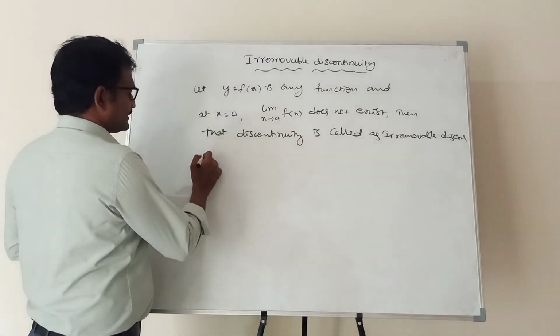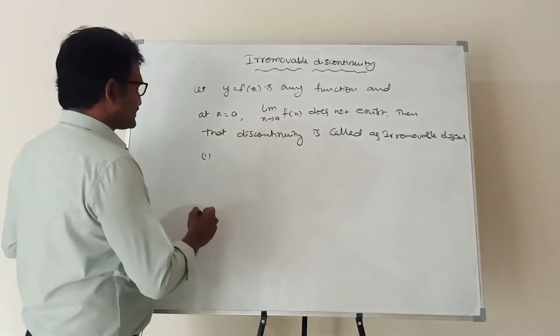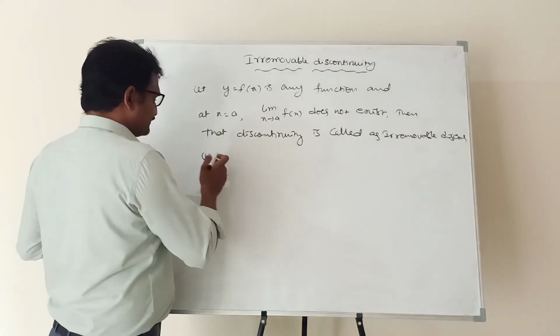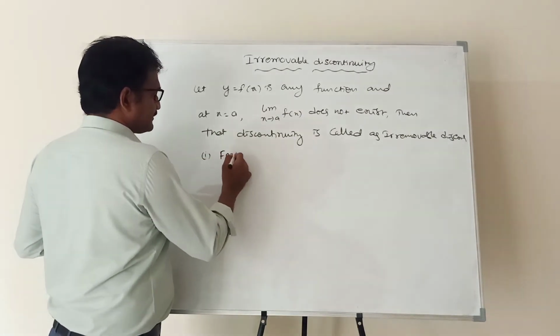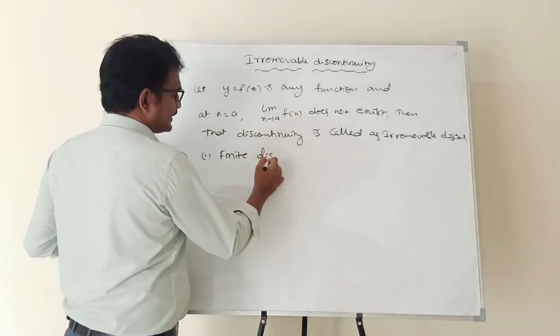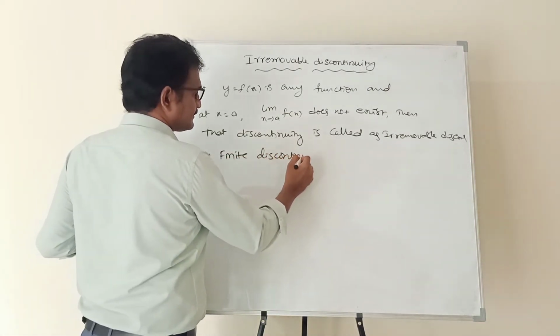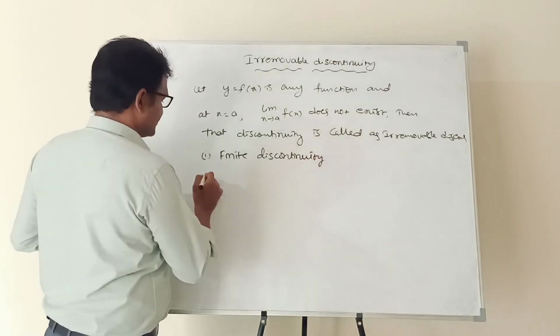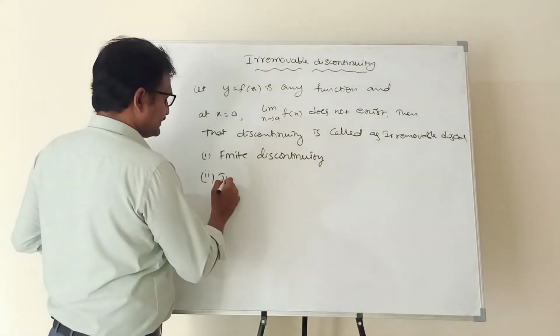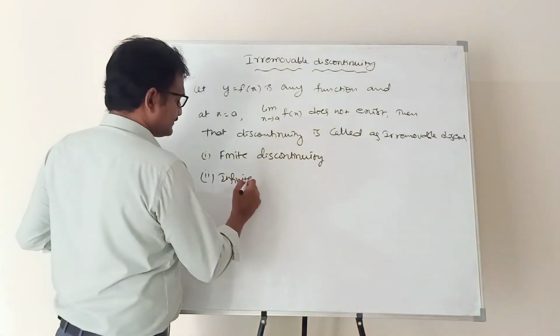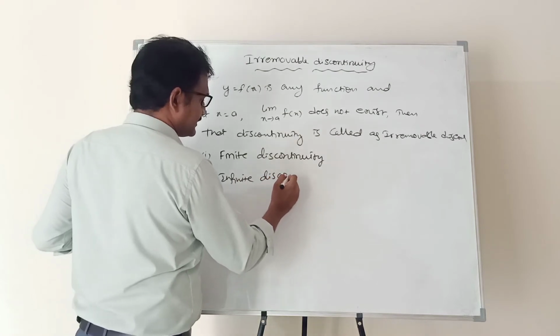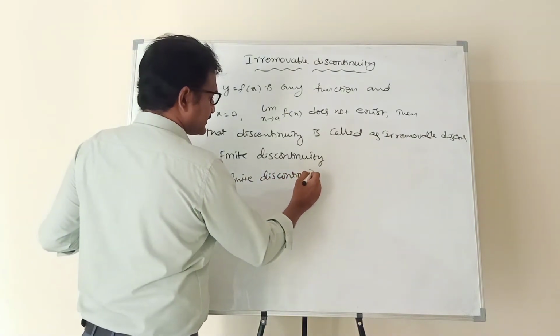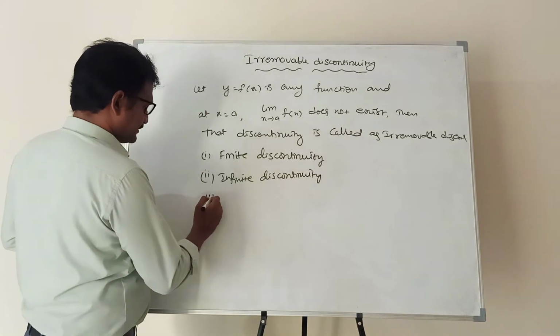So there are three types again in irremovable discontinuity. One is finite discontinuity. Second one is infinite discontinuity. Third one is oscillatory discontinuity.